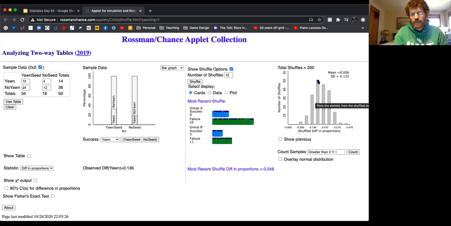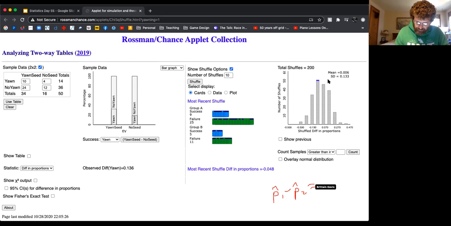Notice that this one dot right here represents one outcome. So this is one time going through and figuring out a p hat sub 1, a p hat sub 2, and getting the difference between them.